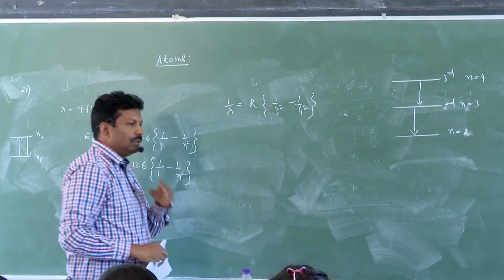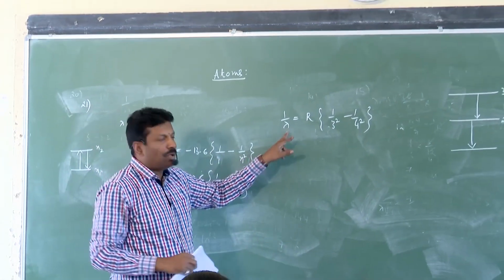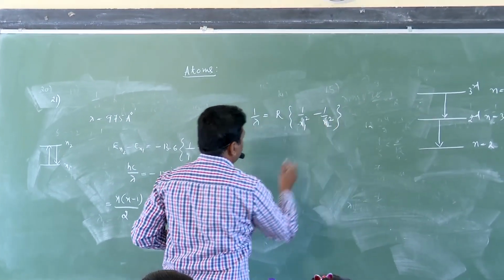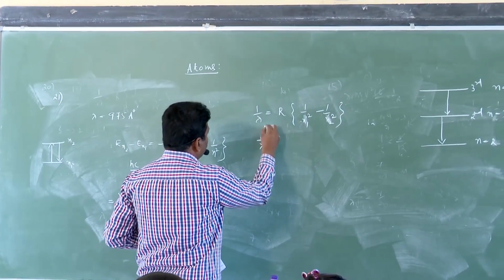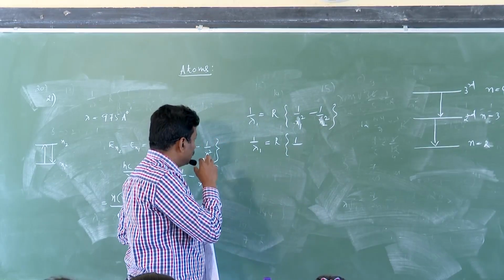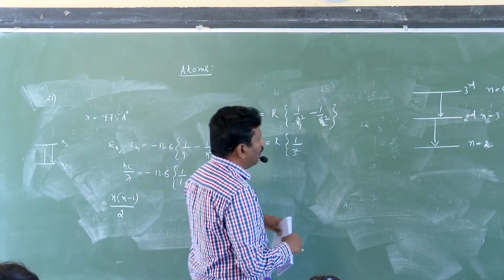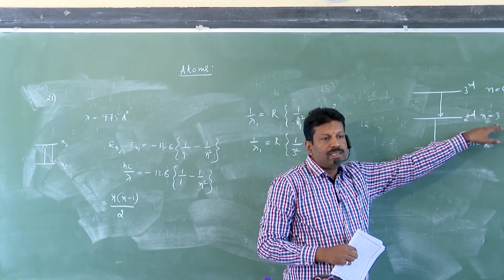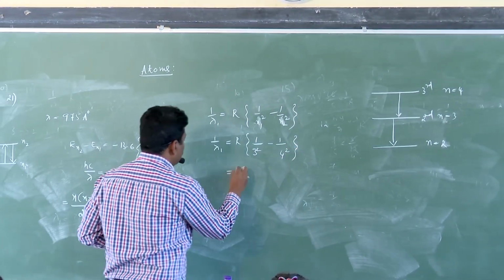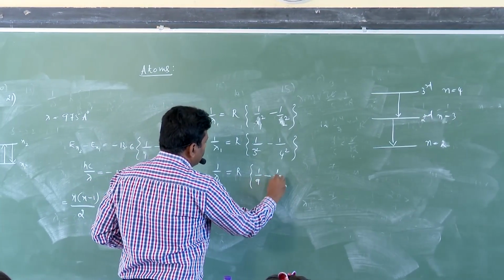Because the formula is 1 by lambda equals R into 1 by n1 square minus 1 by n2 square. Here n1 square is 3 square, minus 1 by 4 square. So R into 1 by lambda 1, so 1 by 9 minus 1 by 16.